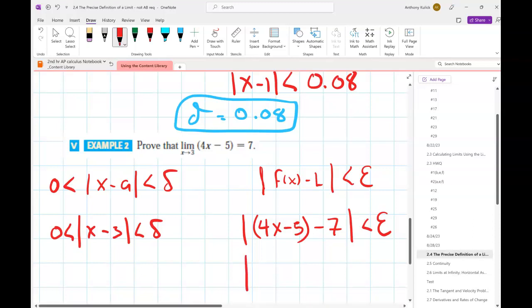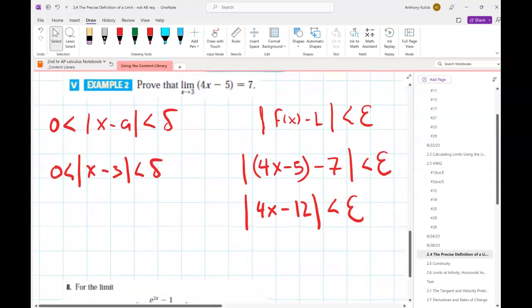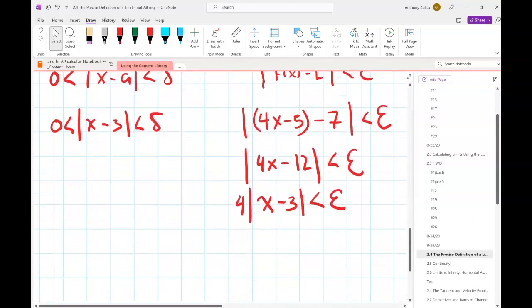So I'm going to combine like terms inside my epsilon inequality. I notice inside that epsilon inequality, there's the greatest common factor of 4. So I can pull that out, right? Why can I put the 4 outside of the absolute value? It's just positive 4, right?